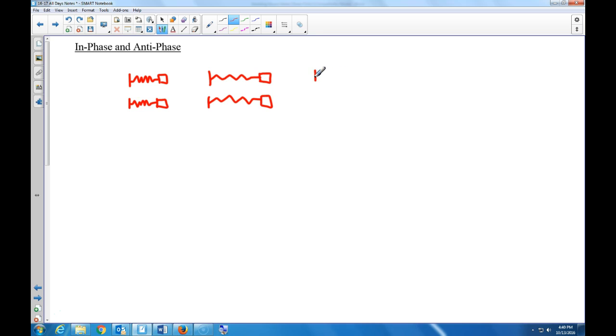And then they're both at maximum displacement. And they're always at the exact same spot no matter where they are in the cycle. They match. Here's equilibrium. That we call in phase.